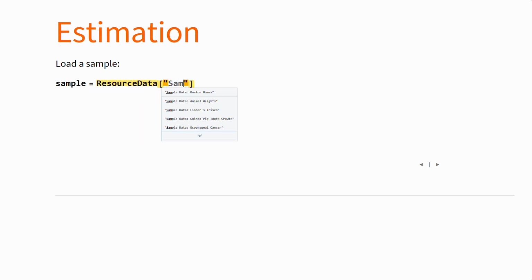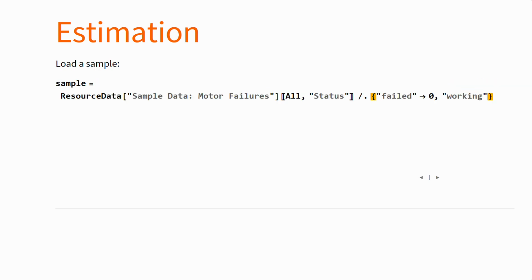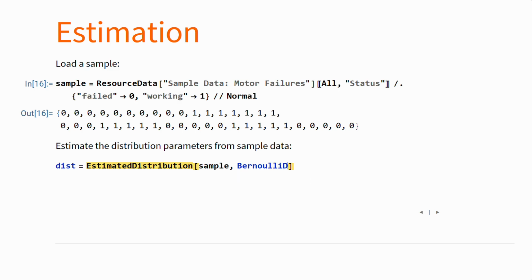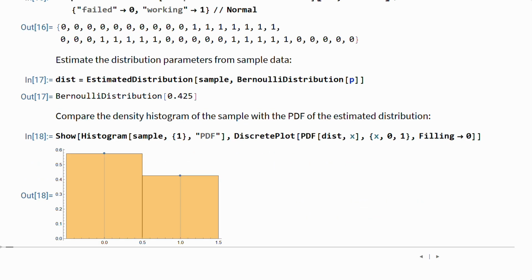For example, load the dataset of motive failures and check status, and replace failed instances by 0 and working instances by 1. Estimate the data on the Bernoulli distribution, and plotting the data against the estimated distribution, you can confirm they correspond.